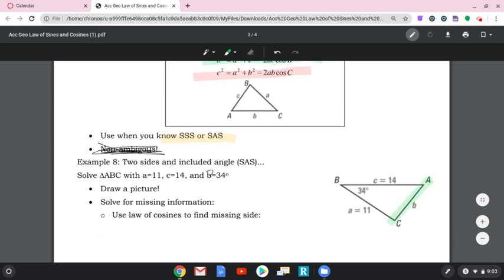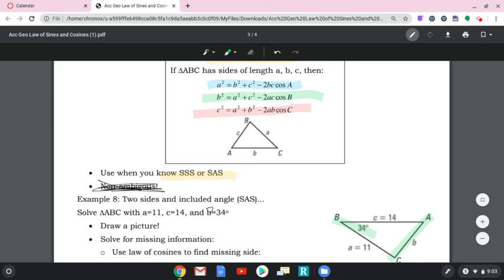Now, I'm going to determine which equation based on the angle in which I'm given, and I'm given angle B. So that means I'm going to use the second equation for law of cosines because I can use angle B in that equation.